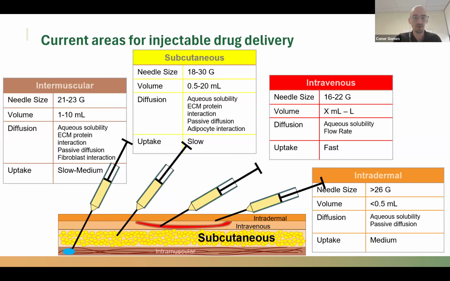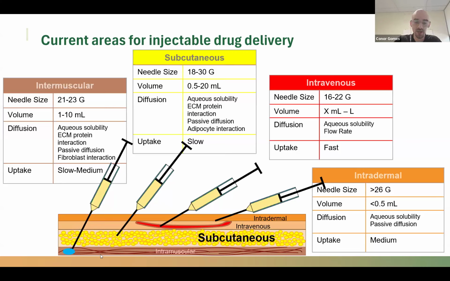The diffusion of the drugs injected there will depend on their interaction with those solid architectures, as well as the chemistries happening in the aqueous environment. And there are a few cells there, mainly fibroblasts, that will have the primary interaction with the drugs deposited.